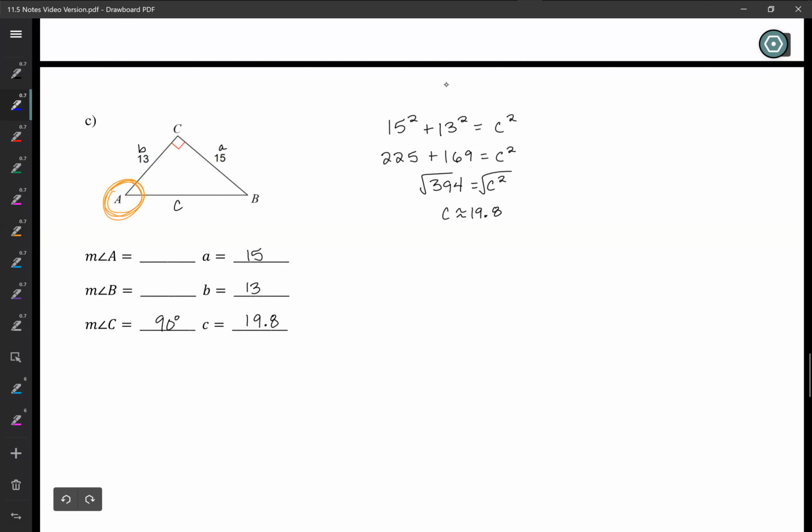So if I'm looking at angle A, 15 is opposite the angle A, and 13 is adjacent to angle A. Opposite, adjacent, TOA, tangent. So the tangent of angle A is opposite 15 over adjacent 13.